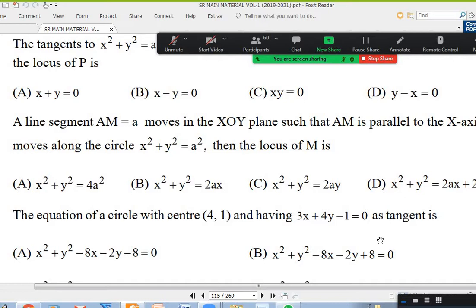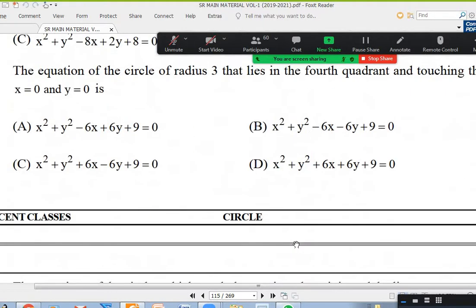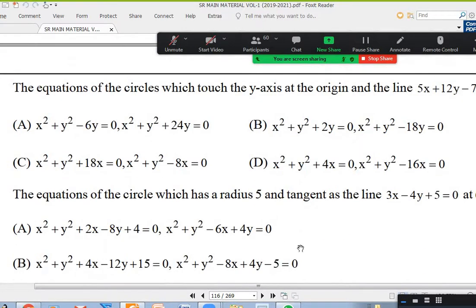And 49 next. The equation of circles which touch the y-axis at the origin and the line 5x plus 12y equals 72.